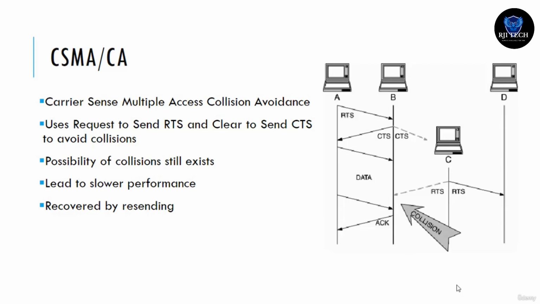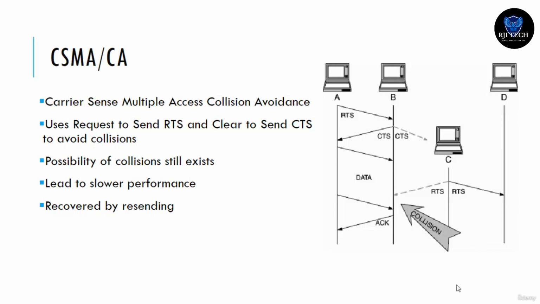But the possibility of collisions still exists. There can be some collisions, and as you know, collisions are something that we do not like over our networks, either wired or wireless. So collisions lead to poor performance, slower performance, and lead to resending several times for the same type of information.